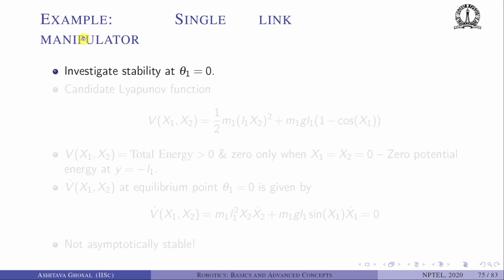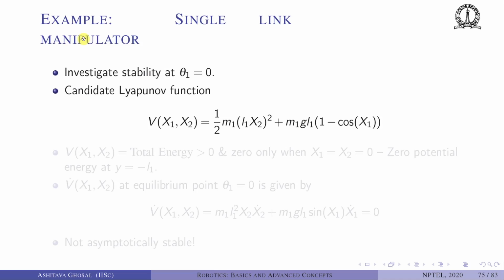Okay, so let's investigate the stability at theta1 equal to 0 and theta1 dot also equal to 0. One possible candidate Lyapunov function is the energy of this system. So V of x is half m1 L1 square theta1 dot square plus the potential energy m1 g L1 times 1 minus cos x1.